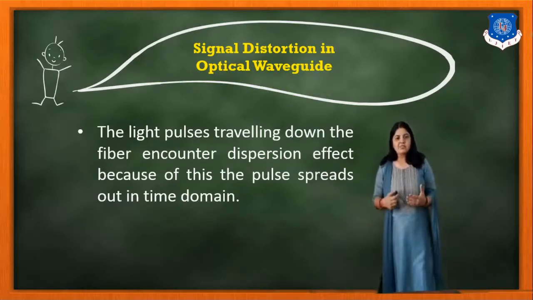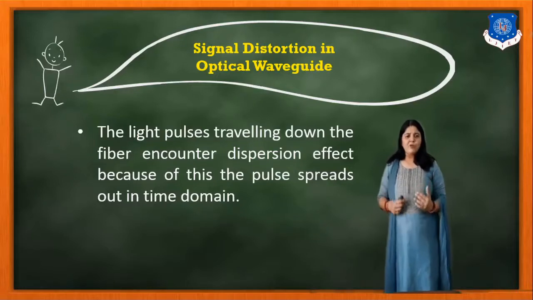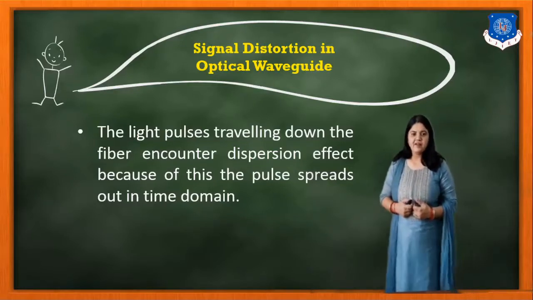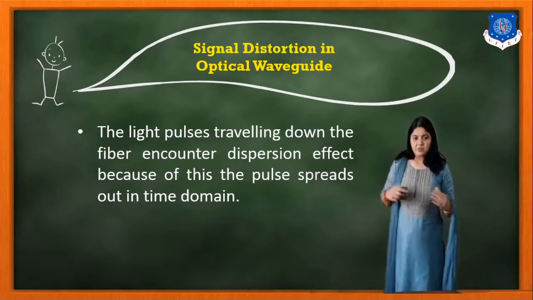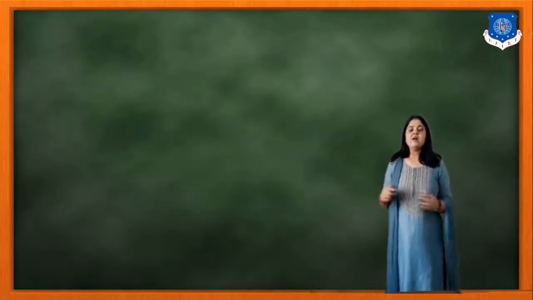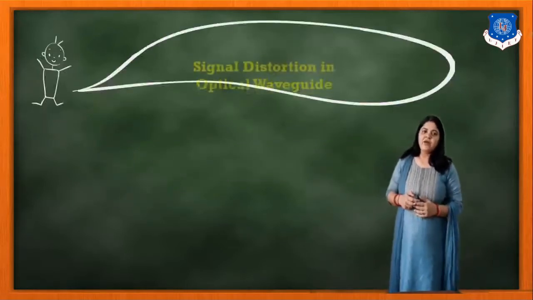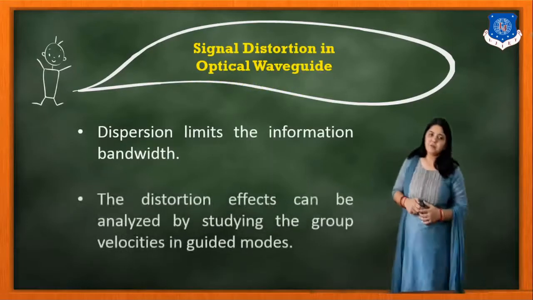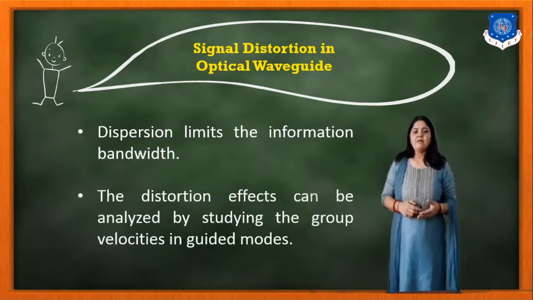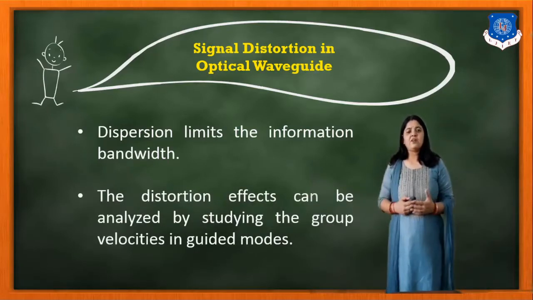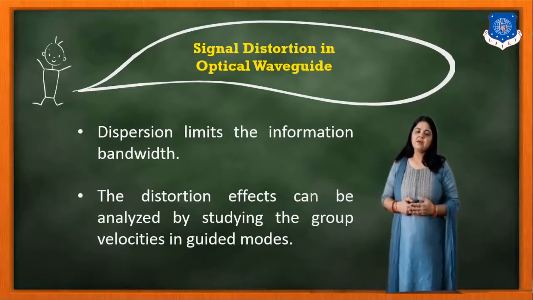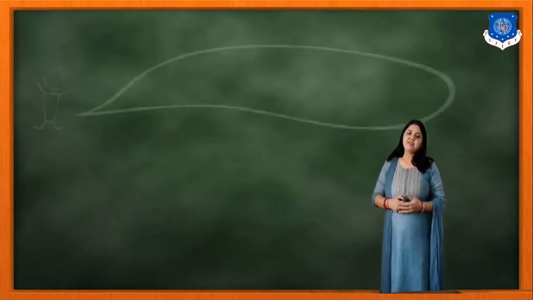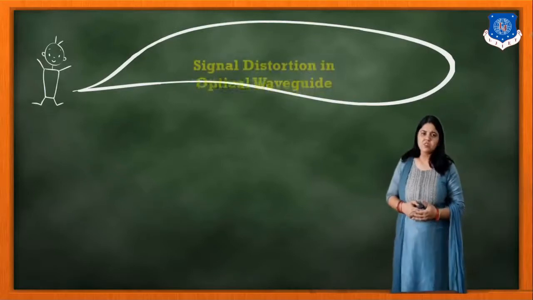So light pulses traveling down the fiber encounter the dispersion effect, and because of this the pulse spreads out in the time domain. Now the dispersion limits the information bandwidth, and this distortion effect can be analyzed by studying the group velocities in the guided modes.